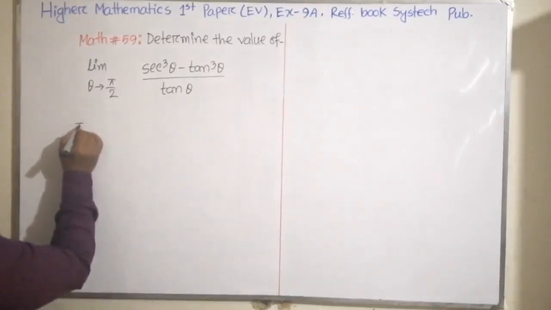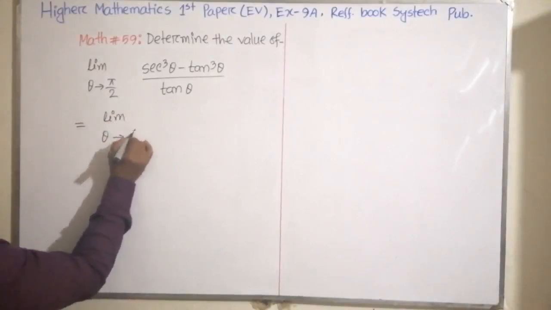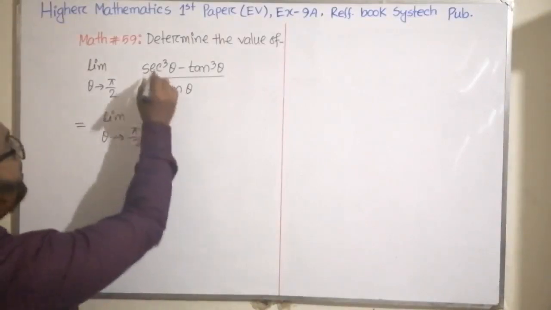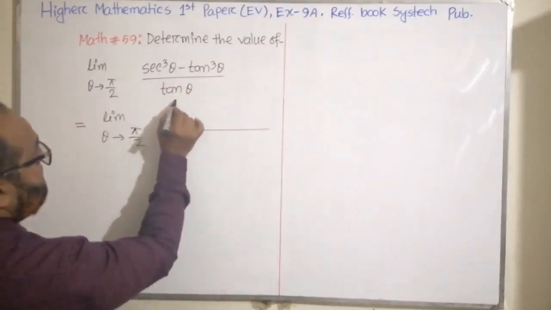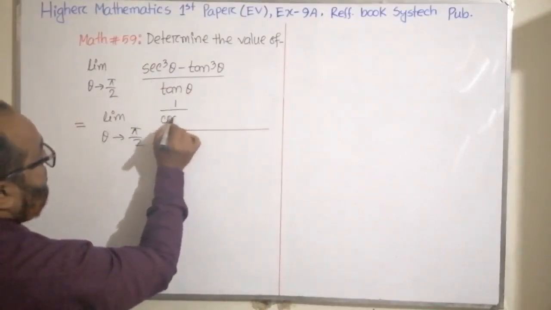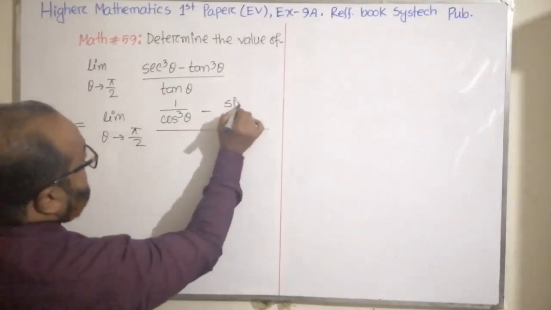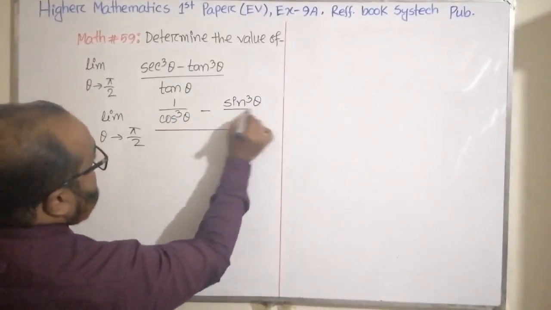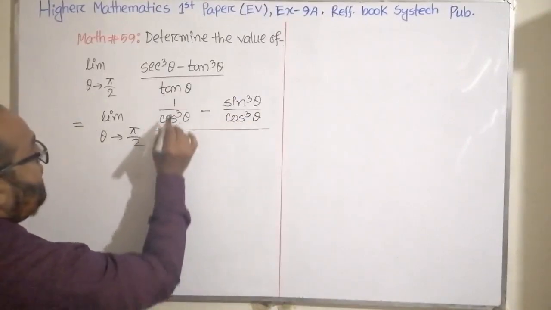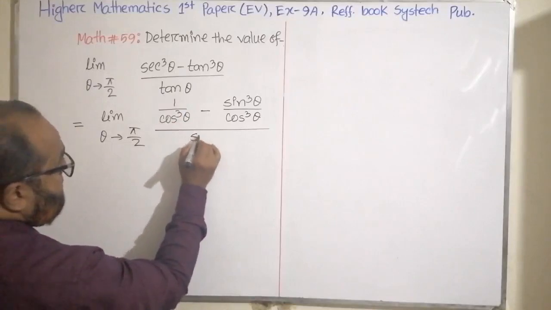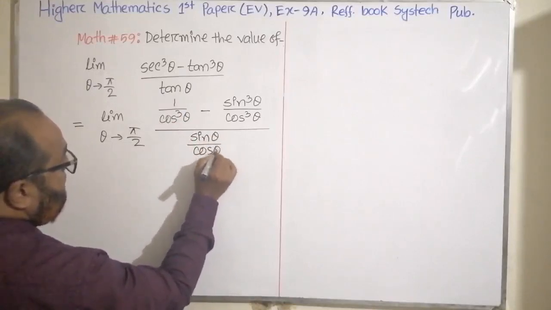Limit theta tends to pi by 2. Here we can write sec cube theta as 1 by cos cube theta minus sin cube theta divided by cos cube theta, and we can write this as sin theta divided by cos theta.